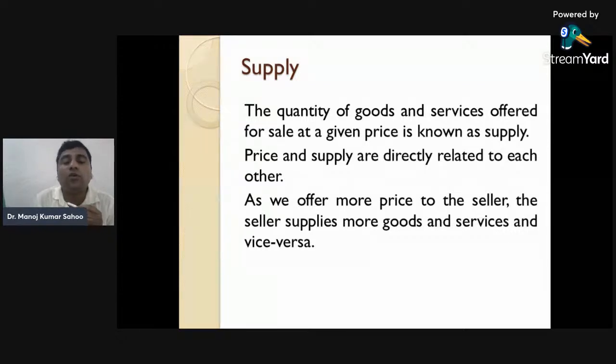That means if you offer more price, the seller will supply more goods and services, and if you offer less price, the seller will supply less goods and services. So as we offer more price, the seller supplies more goods and services and vice versa. So there is a positive relationship between price and supply.